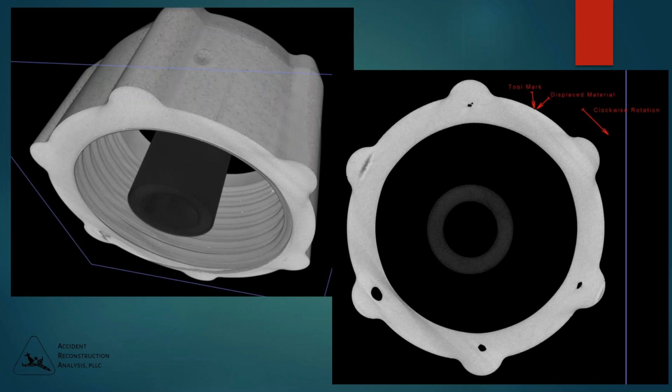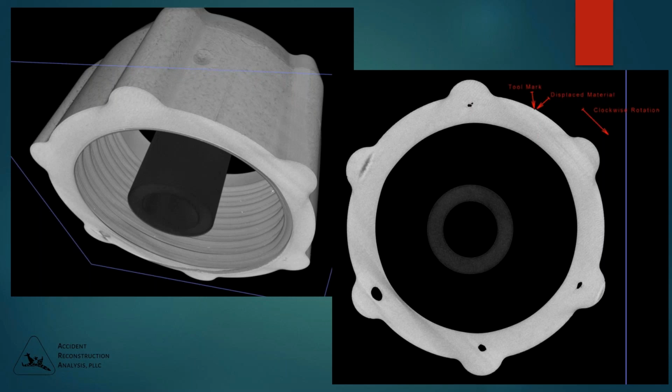So the next slide shows a plumbing fixture nut. Again, we don't have any photographs of this component in the presentation, but you can see that there are some marks on the surface of this component to indicate that pliers had been used to either tighten or loosen it.